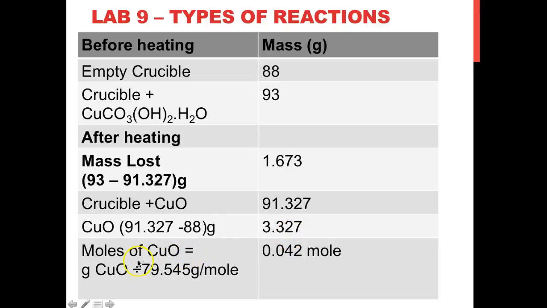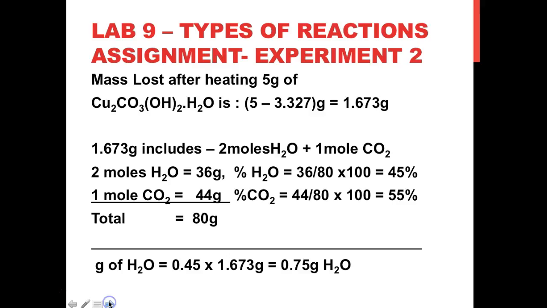You take the grams of this copper 2 oxide divided by the molar mass of the copper 2 oxide, which is 79.545 grams per mole, and you get the moles of copper 2 oxide, which is 0.042 moles. So the mass lost, that is this 2 moles of water, 1 mole of carbon dioxide, it's 1.673 grams.